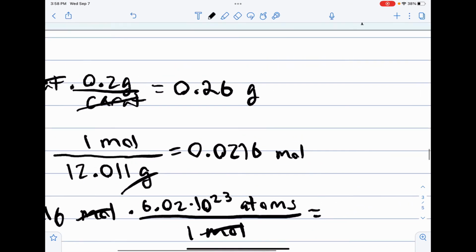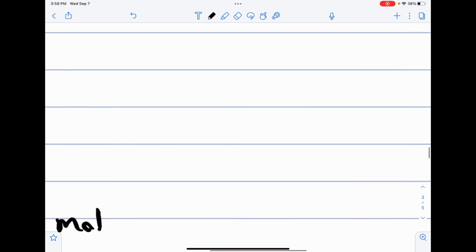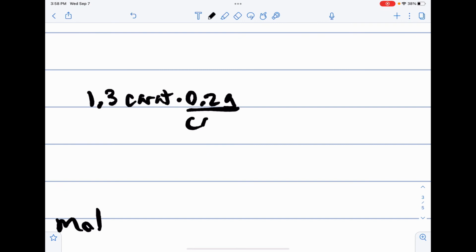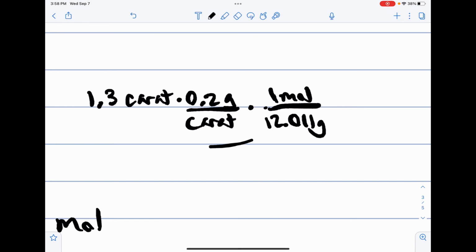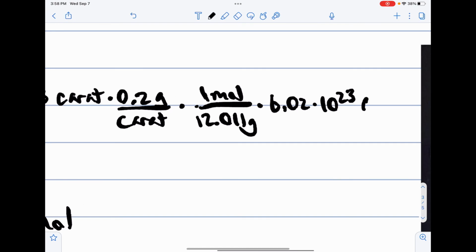If I'm going to summarize everything we just did, we had 1.3 carats times 0.2 grams per carat times 1 mole over 12.011 grams, times 6.02 times 10 to the 23rd atoms per 1 mole.